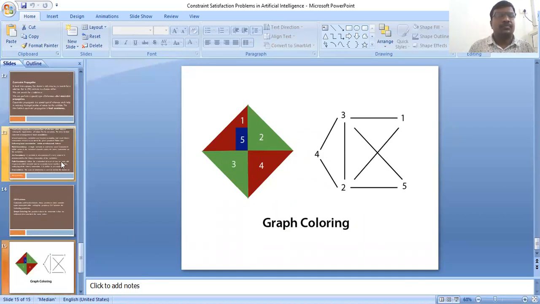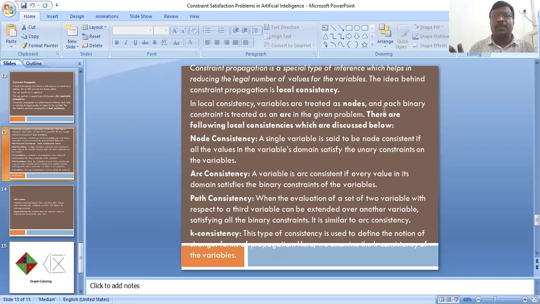Now, constraint propagation is a special type of inference which helps in reducing the legal number of values for the variables.